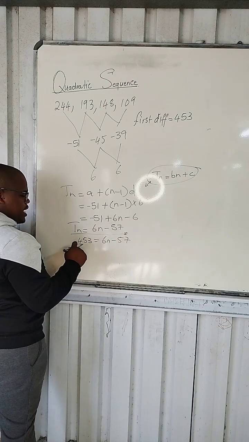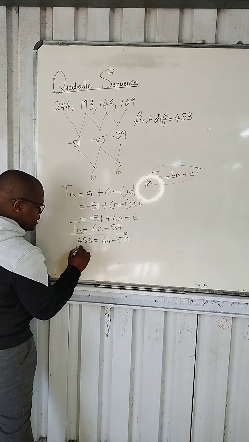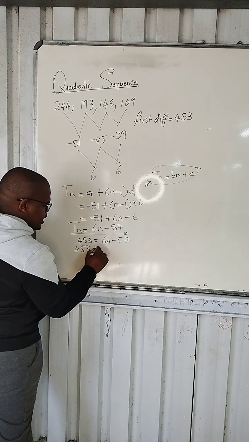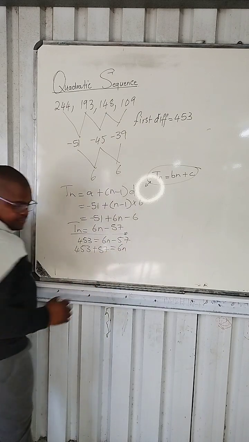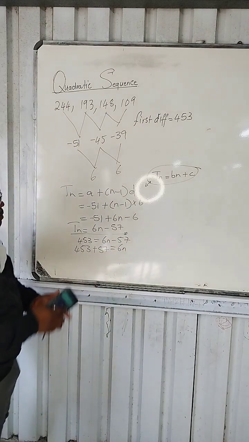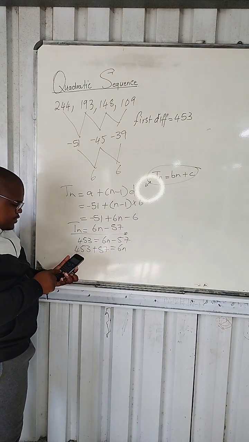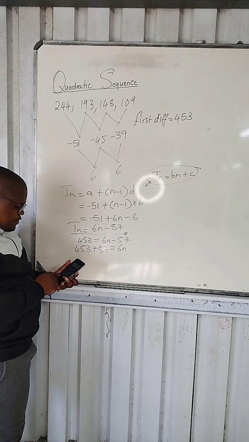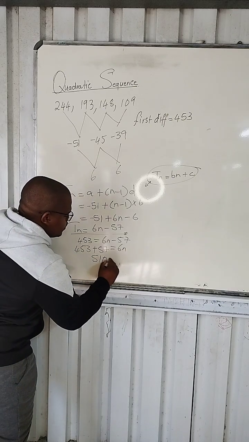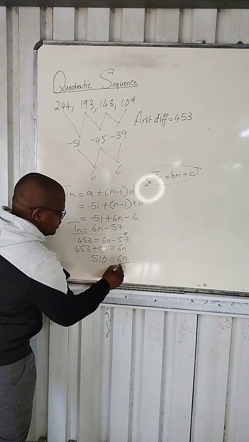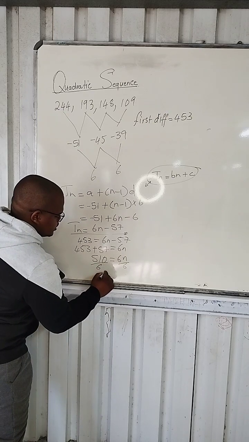Then take this one to the other side. 453 plus 57 is equal to 6n. Then when you punch your calculator, 453 plus 57, your answer here is 510. Here it is 6n. Divide by 6, divide by 6.